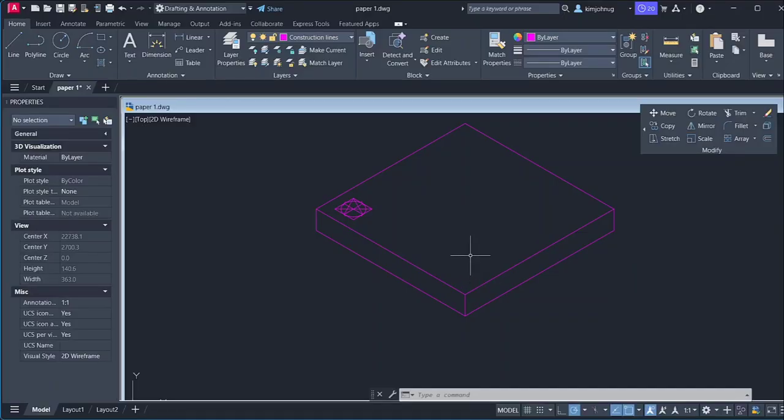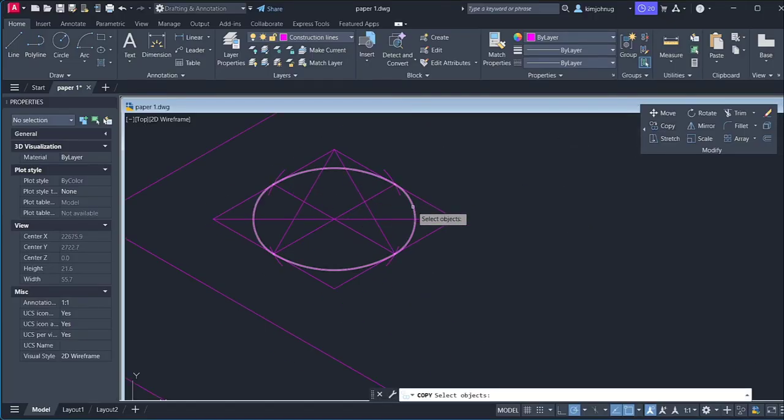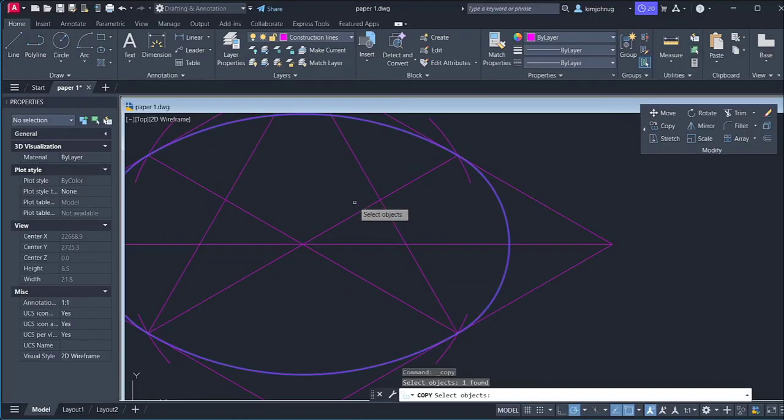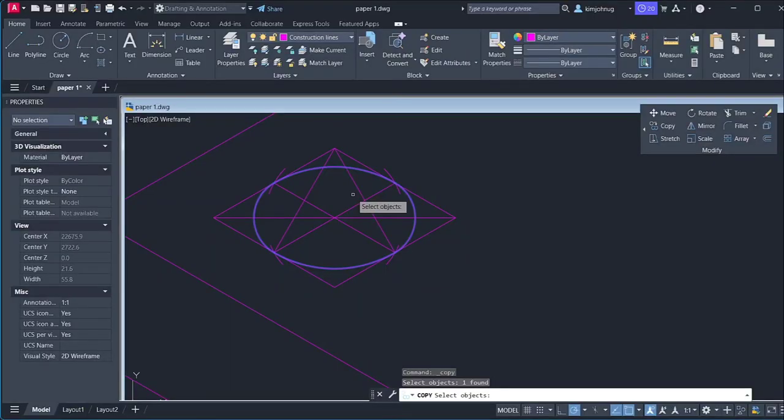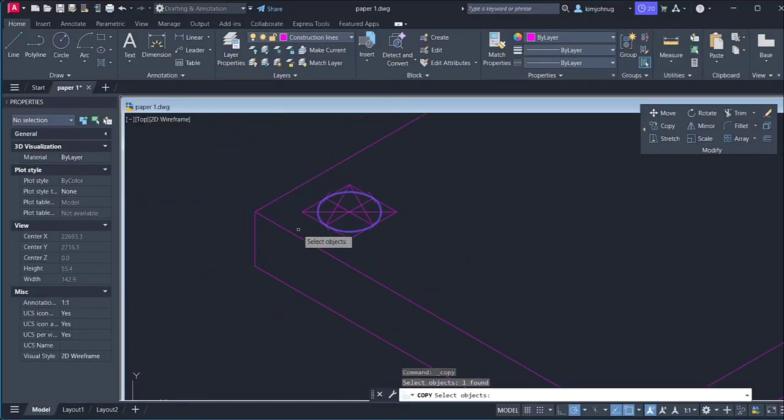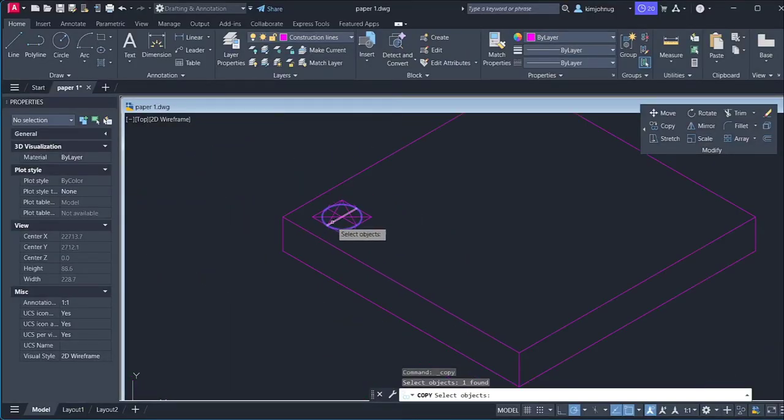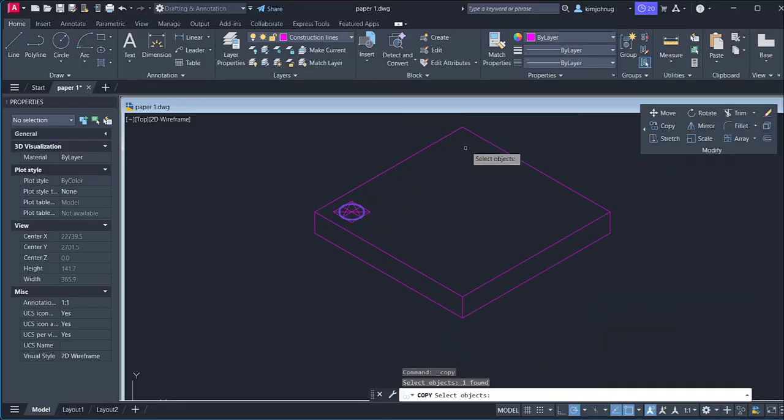How can I copy it in the easiest way possible? Okay, let me try for this. So copy. I want to copy this. The distance between the circles, if this is 5, this is 10, and the other side is also going to be 10. So this distance is 80.